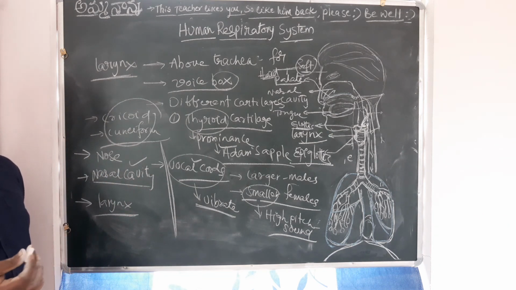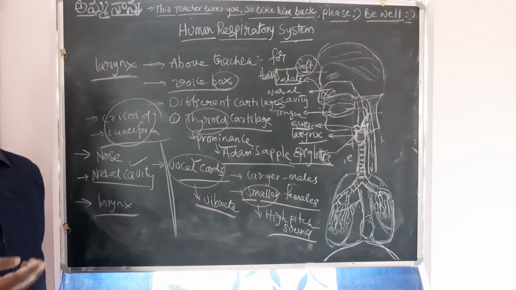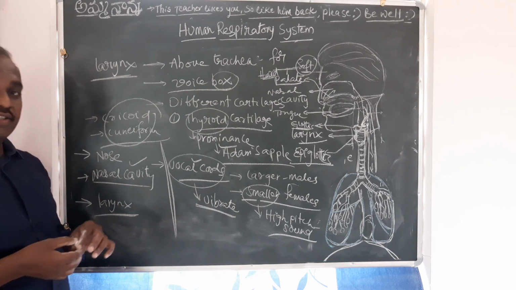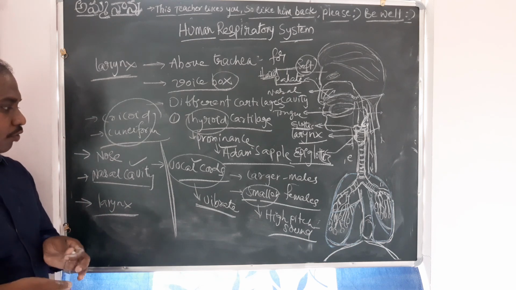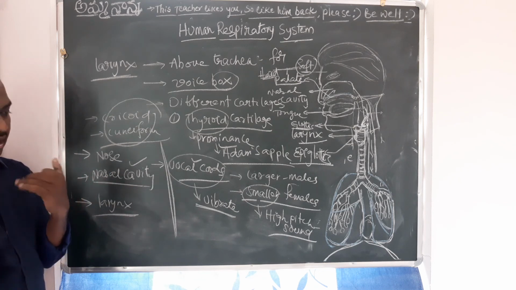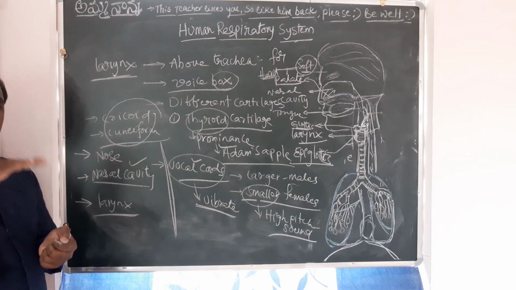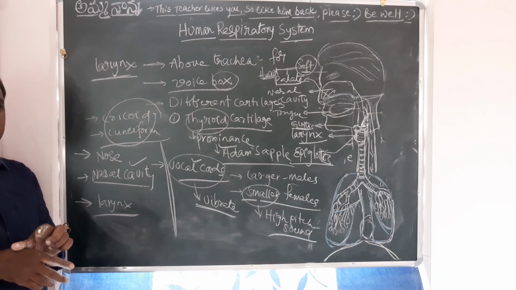Say, for example, when you are in an air conditioned room, the average temperature there is 18 to 20, a maximum of 22, while body temperature is 37 degrees centigrade. In such a situation, when you inhale the air, the air cannot be taken into the body like that. It should be brought to the normal body temperature.